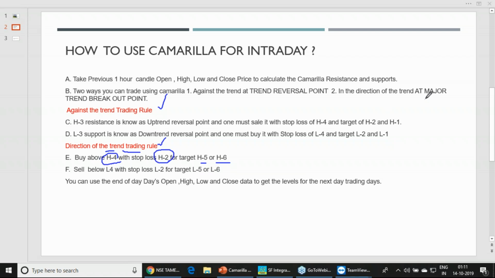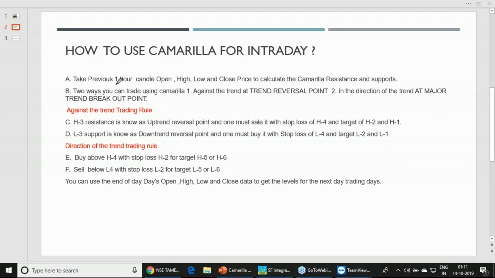This says that a major trend breakout has happened if price moves above the fourth resistance. In the same way, if you sell below L4, which is a major support breakout, you should sell here, keep the second support as your stop loss, and the fifth and sixth support as your targets.